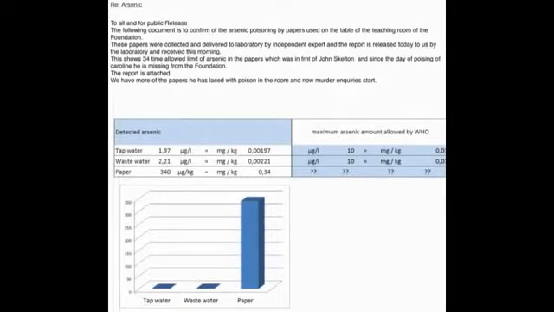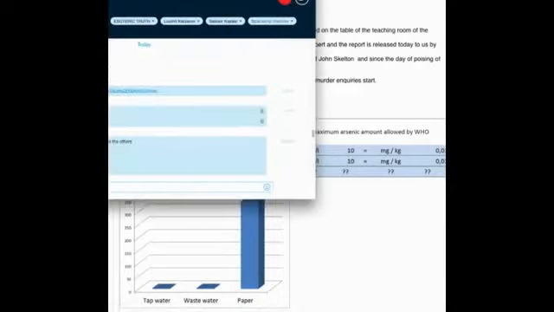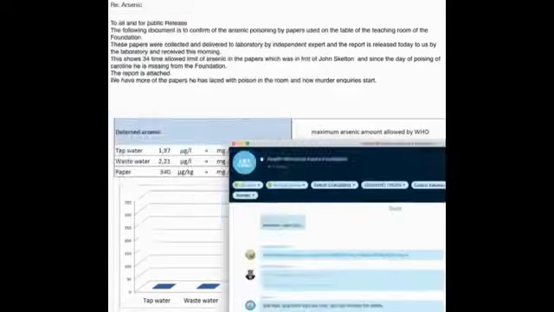There is no accusation, there is no finger pointing, but now we have 100% proof of arsenic contamination, and the papers are in the hands of the press. We have released it for reasons known. The murder inquiries, attempted murder inquiries with the federal police and Interpol have started officially.